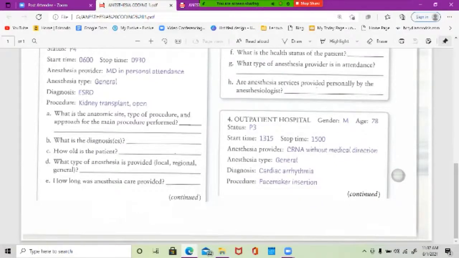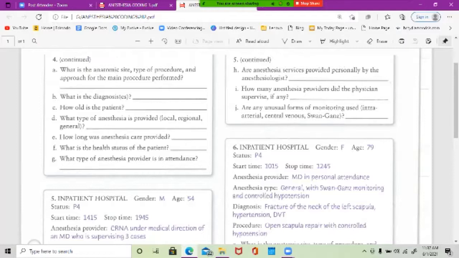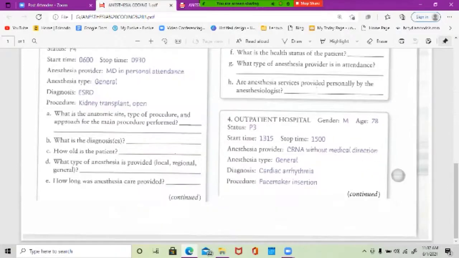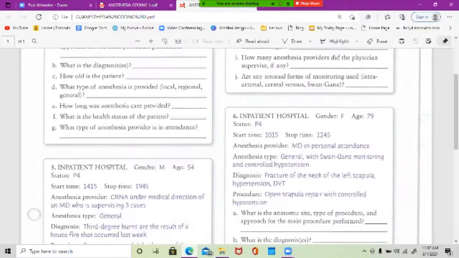Yes, ma'am. Okay, Lariana, what is the health status of the patient? P3. And what does that mean? A patient with severe systemic disease. Yes.